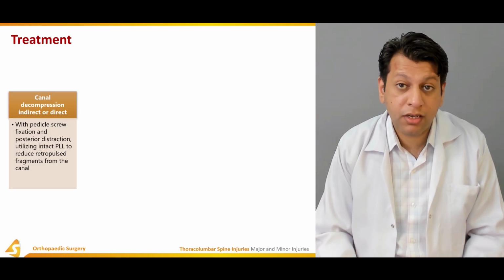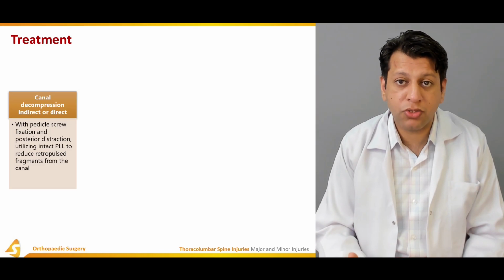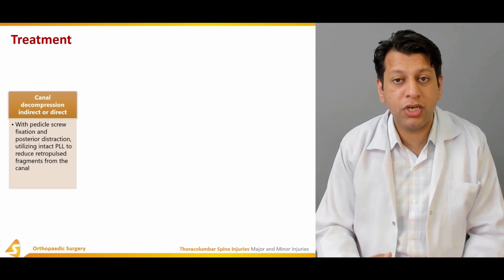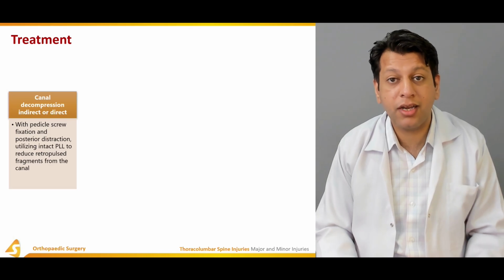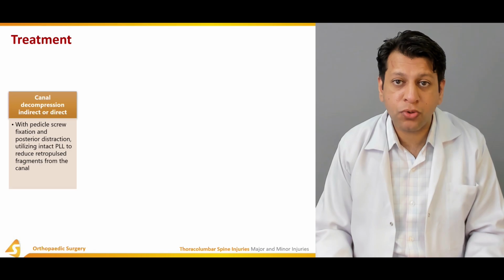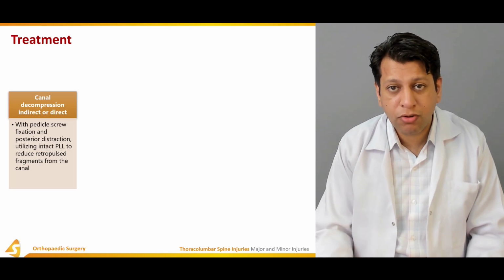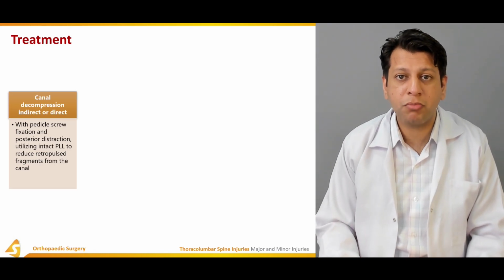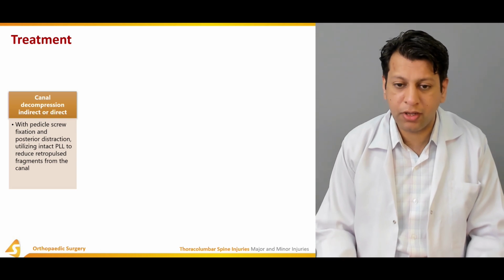But if the posterior longitudinal ligament is not intact, then those will not be pushed back, and therefore you need to do direct decompression. Direct decompression means going to the spinal cord through an anterior approach and removing those fragments from the spinal cord towards the vertebral body.